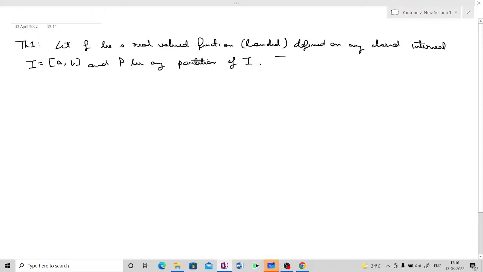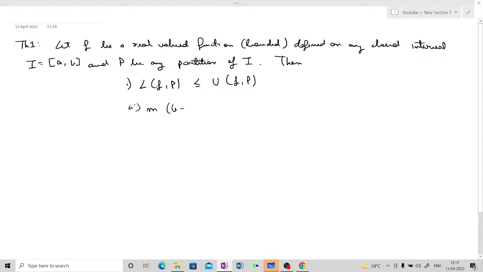Okay, then we have point number 1: the lower Riemann sum over this partition of the function f is always less than or equal to the upper Riemann sum of this function f over the partition P. And the second point is another inequality.